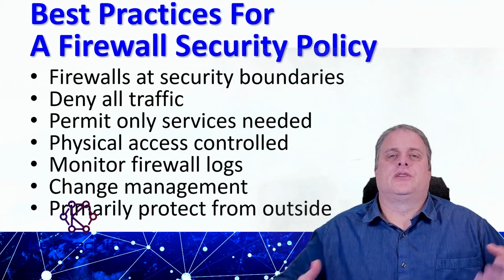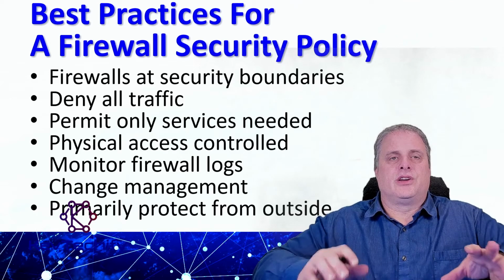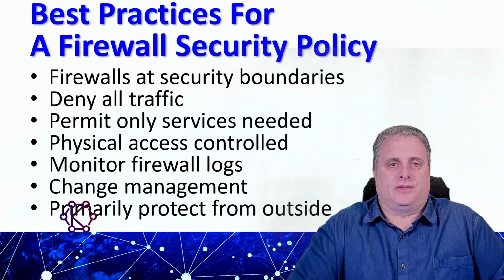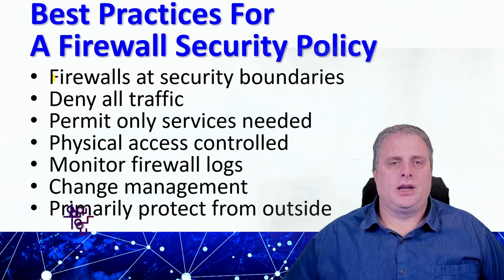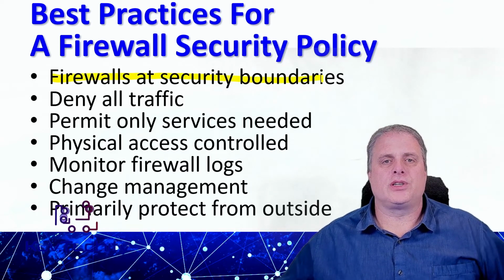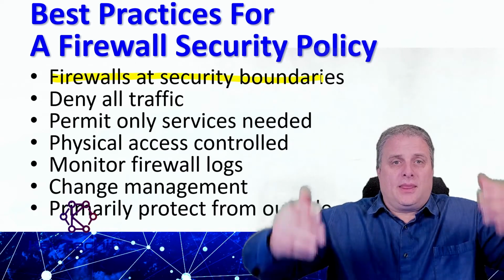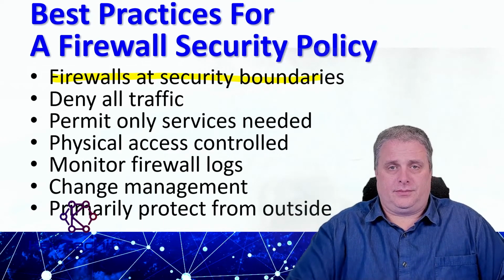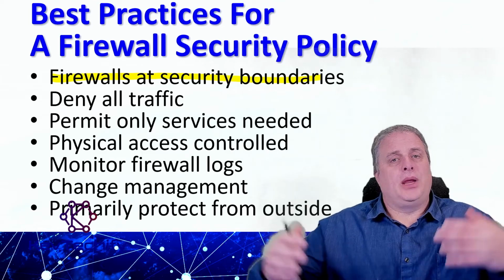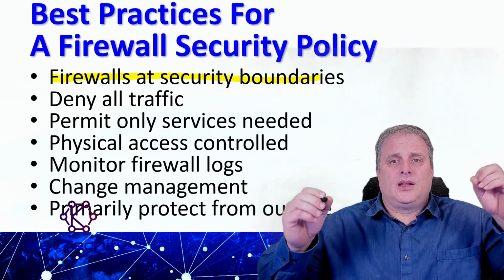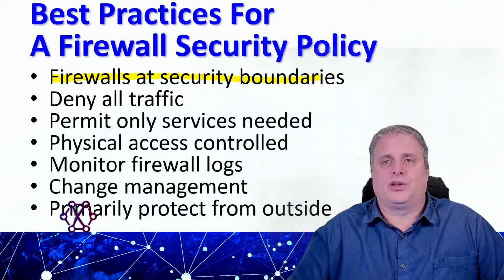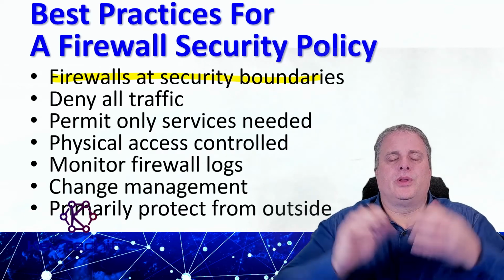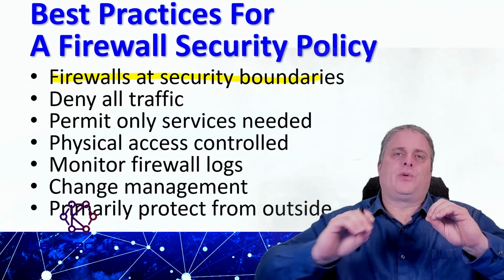Here's a partial list of best practices that can serve as a great starting point for your firewall security policy. First, position your firewalls at security boundaries. That's the connection between your company and the internet, or your company and maybe your ISP. Firewalls are a very critical part of network security, but it's very unwise to rely exclusively on a firewall for security.